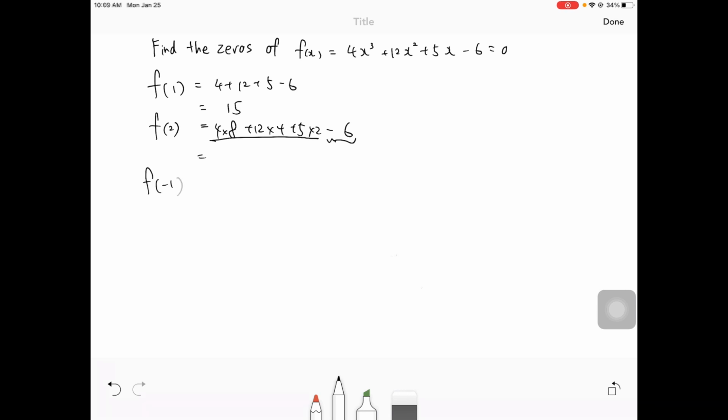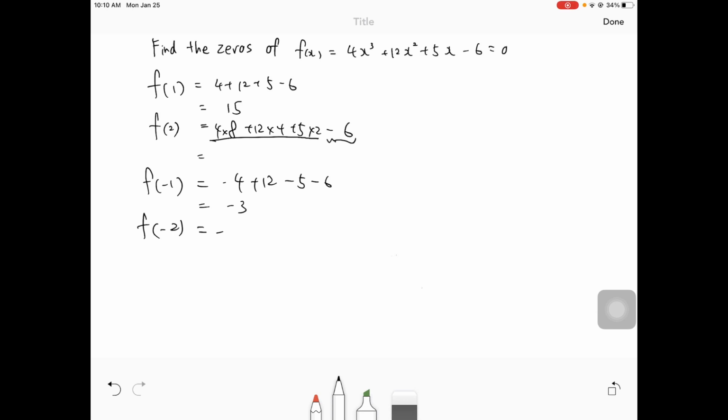So let me plug in a negative number. f of negative 1 equals negative 4 plus 12 minus 5 minus 6, which is 11, 15, negative 3. It's almost 0, but it's still not 0. So next let me plug in negative 2.